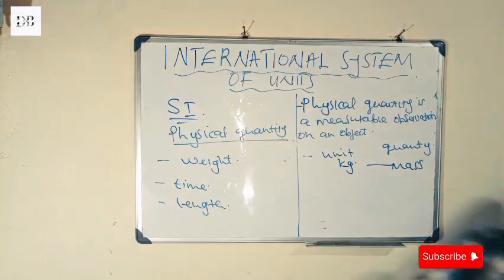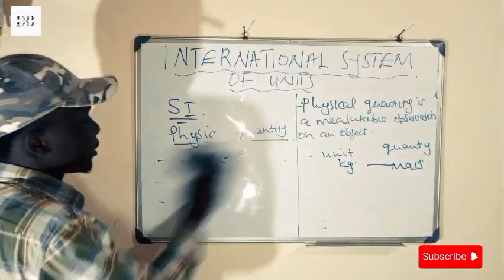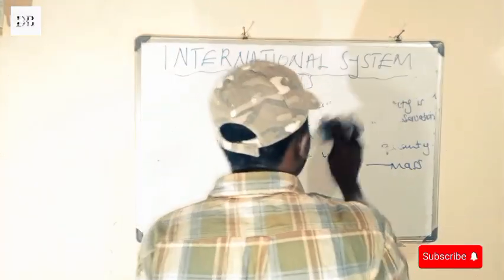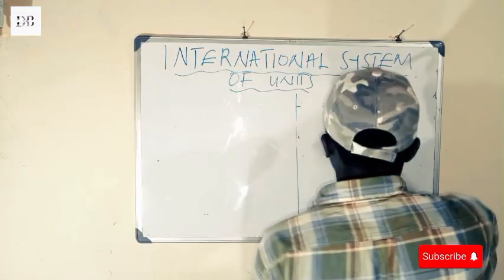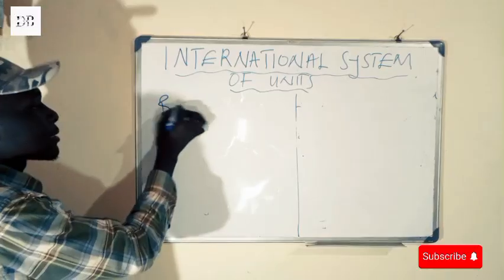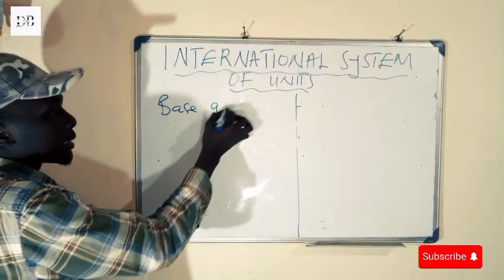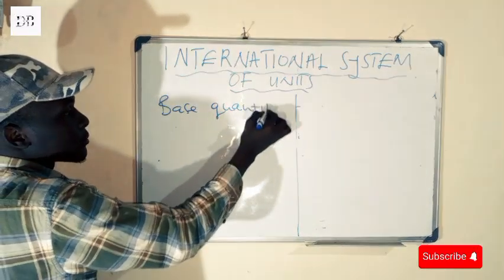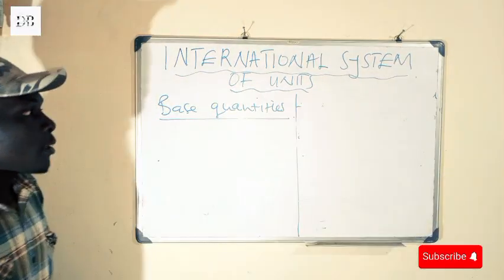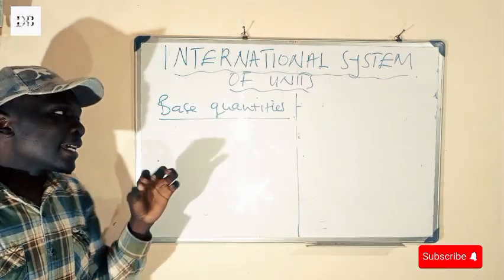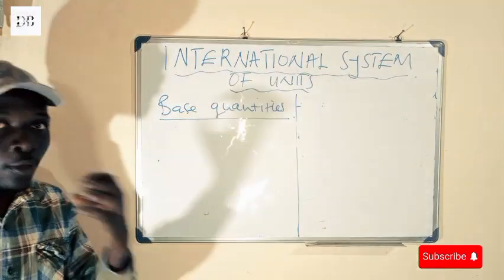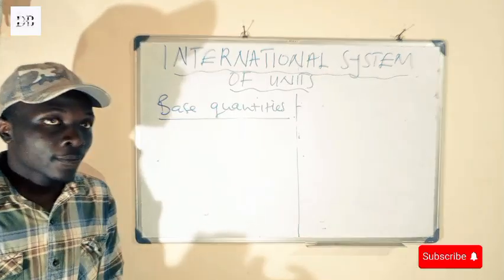Now, we said we look at the two, which is a base and a derived unit. Before we even go to what a derived unit is, let us understand base quantities. Base quantities, as I highlighted, are quantities which do not need any combination to exist.